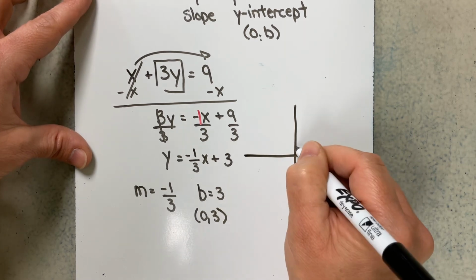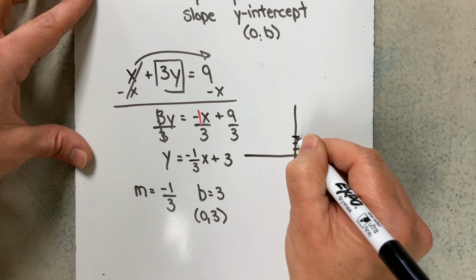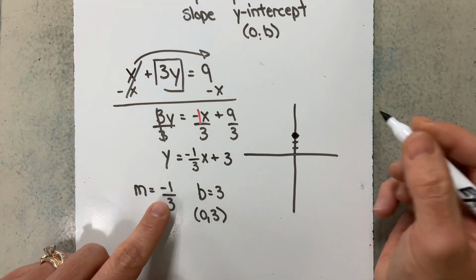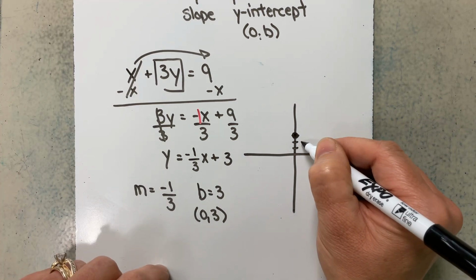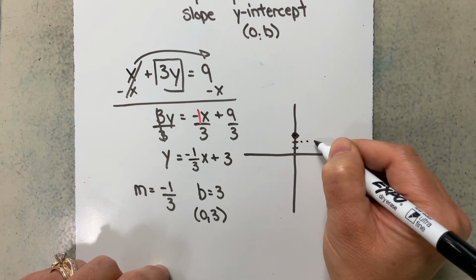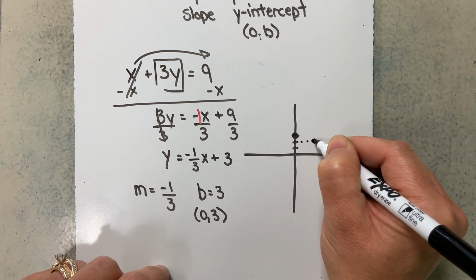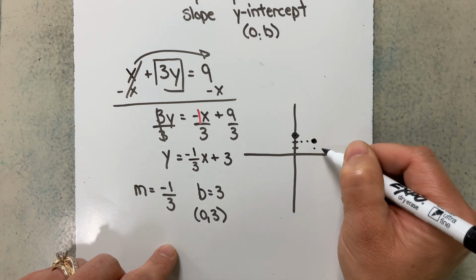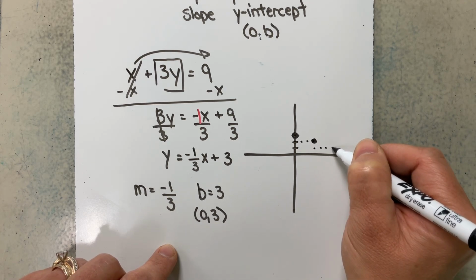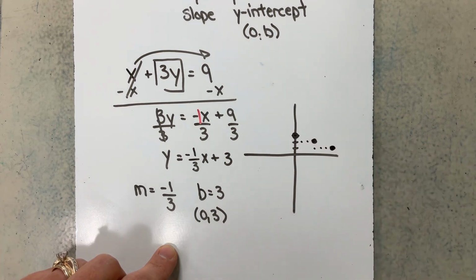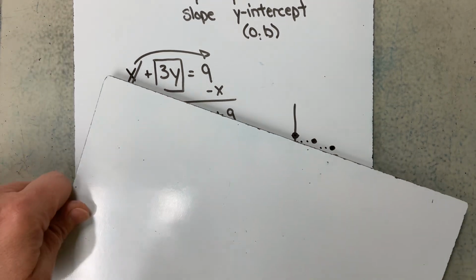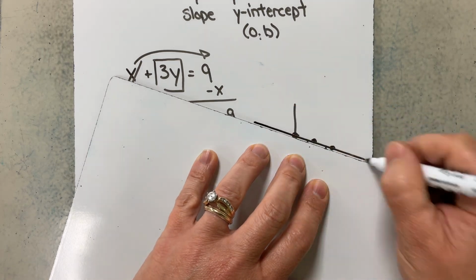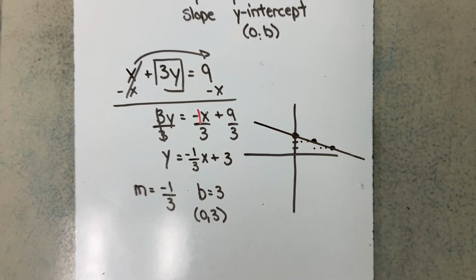So I'm going to start at 0, 1, 2, 3. Okay. Now I'm going to rise negative 1, and I'm going to run 1, 2, 3. And I can keep doing that. I'm going to rise negative 1 and run 1, 2, 3. Okay. Now when I do that, I get this line. Okay.